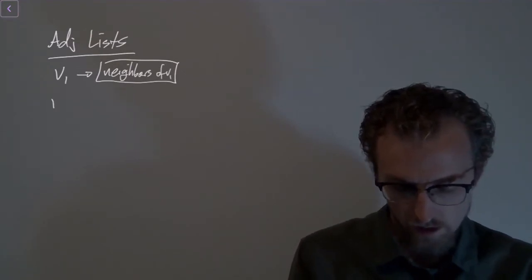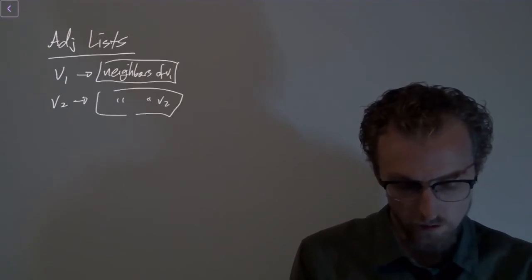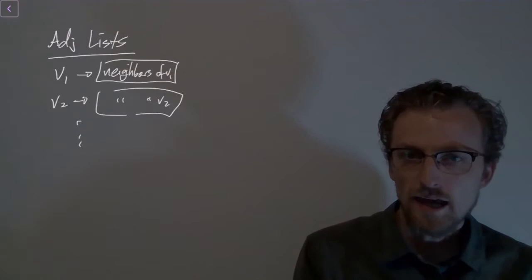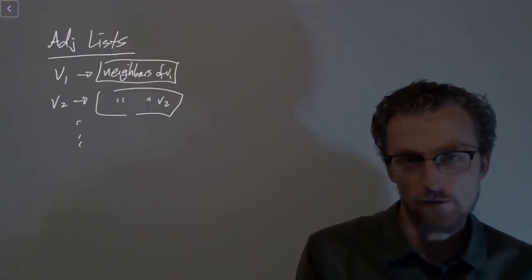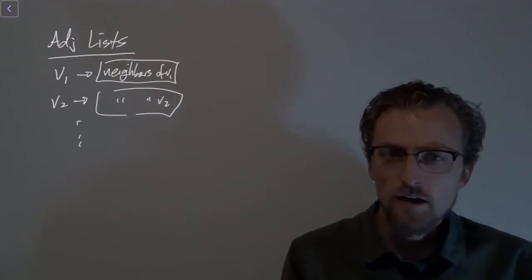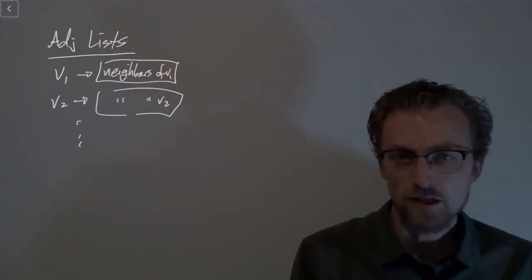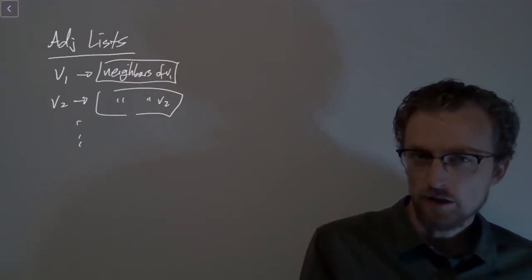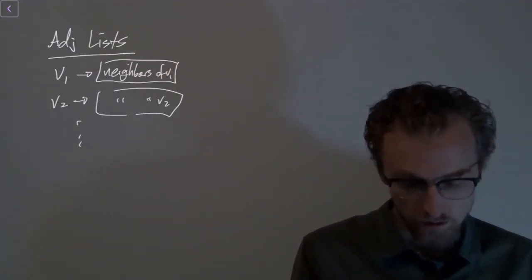Then v2, and the neighbors of v2, and so on. The adjacency lists, in some sense, represent edges explicitly. If I ask for v2, the list is essentially a list of the edges connected to v2. So we don't waste space describing edges that don't exist; we only describe edges that do exist.